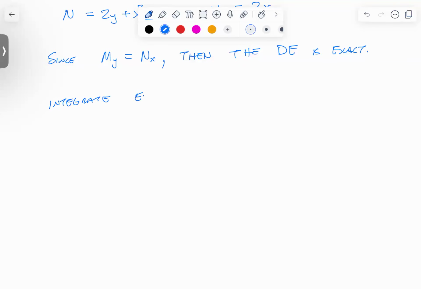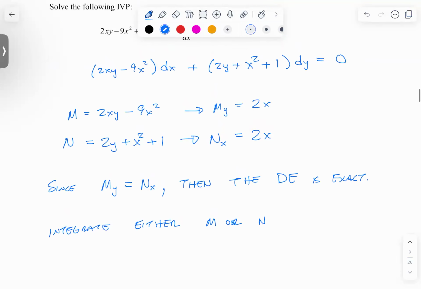So integrate either M or N. And basically, I'm doing this piece, just this piece. The integration is already there, and it's even telling us which one we're doing.